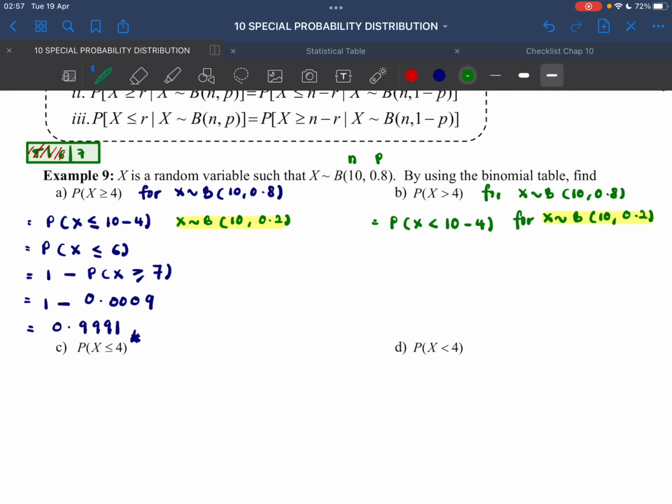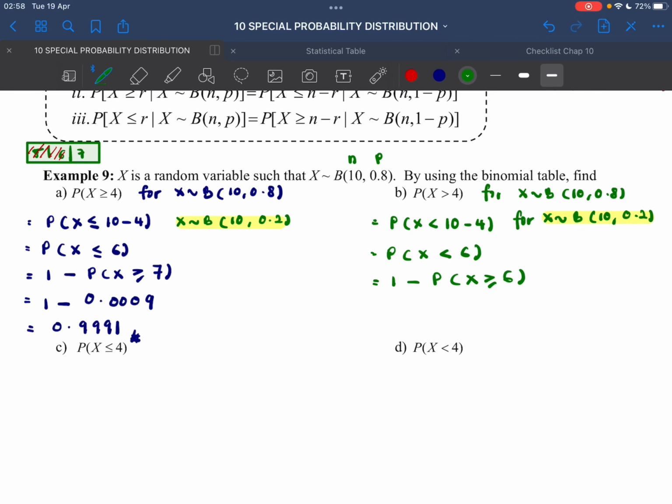So here we have P(X < 6). But remember, if you want to use the table, you have to find greater than or equal to. So here it will be P(X ≥ 6), because 6 is not included. We have to choose 6, because it is 5, 4, 3, 2, 1, so 6 is not included. So that will be X ≥ 6.